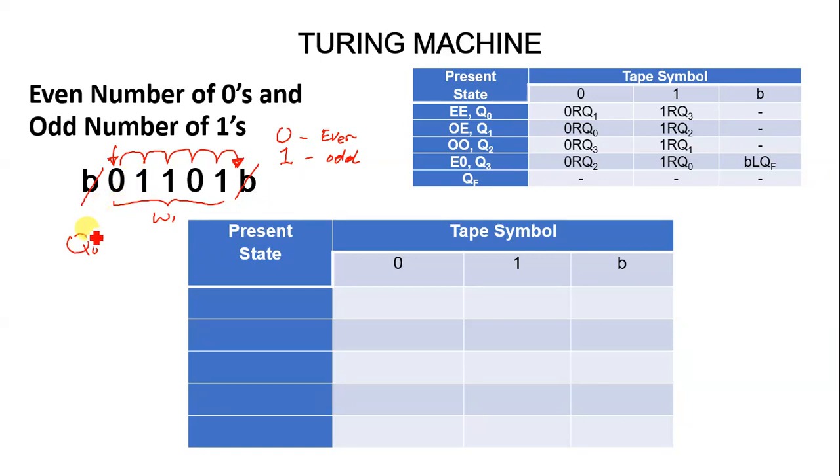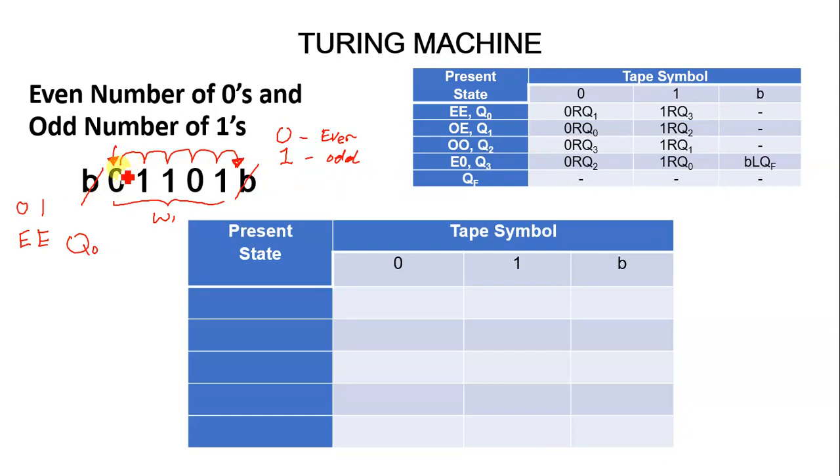For example, at Q0, the state is even number of 0s and even number of 1s, because at Q0 the tape head has just started to read symbols. So we assume by default an even number of 0s and an even number of 1s.